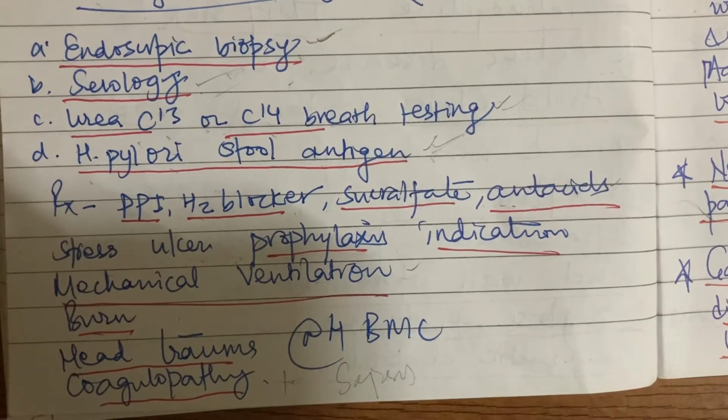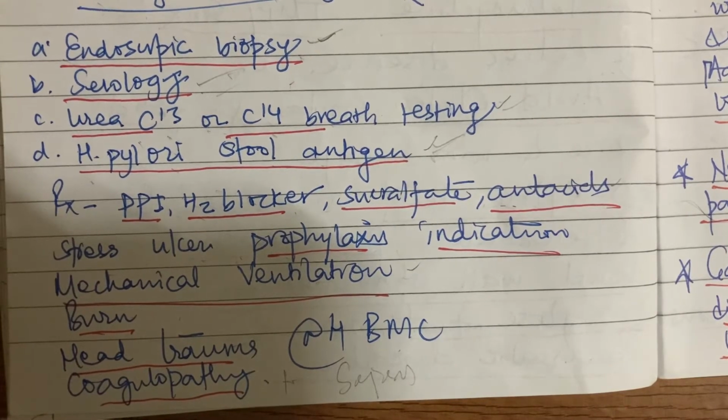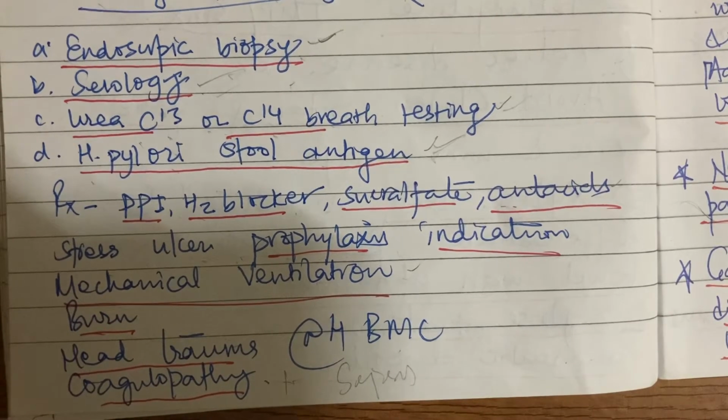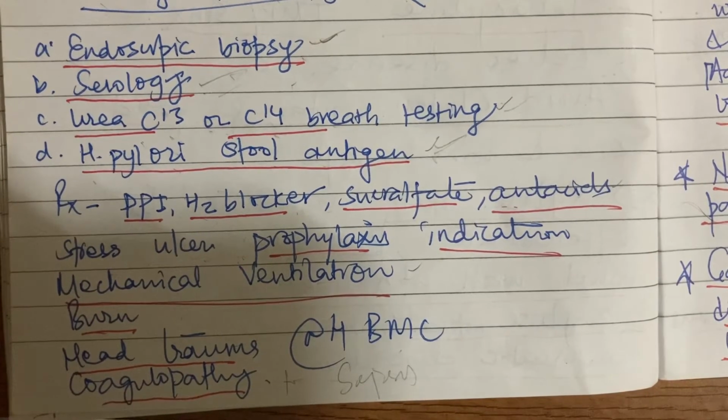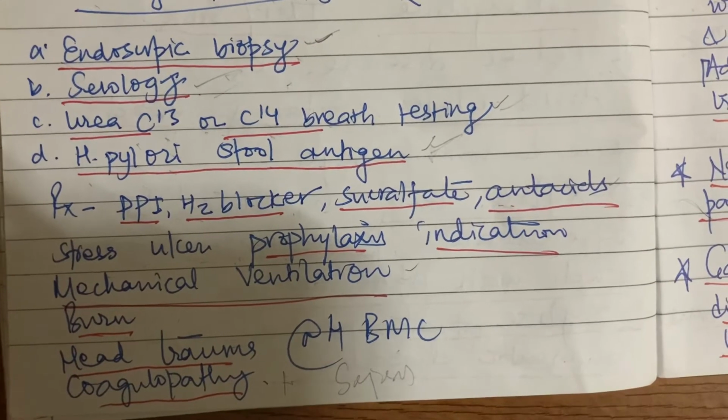Stress ulcer prophylaxis is indicated in mechanical ventilation, burn, head trauma, and coagulopathy, plus sepsis as well, because this question will also be coming in the exam. This is also important notes.